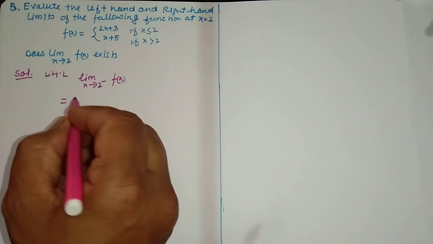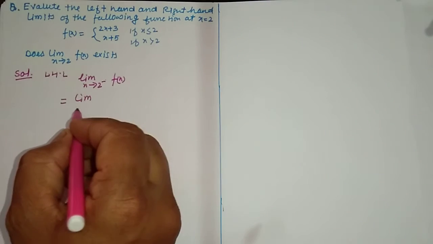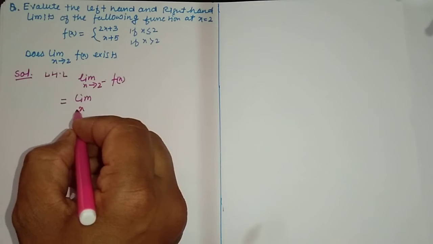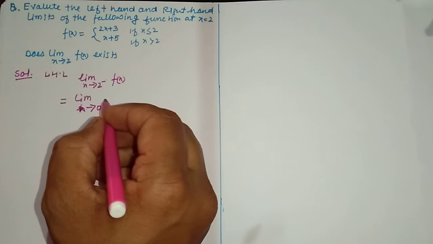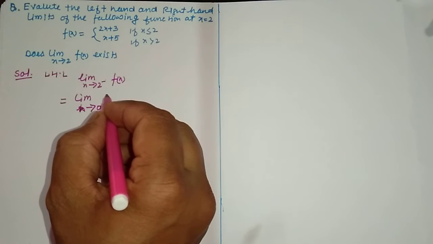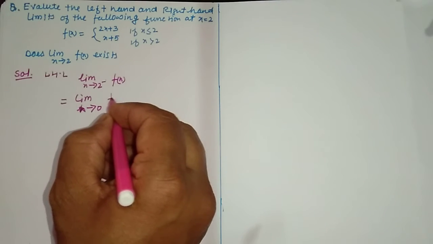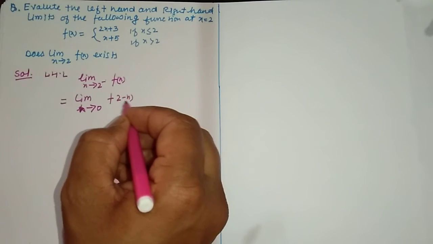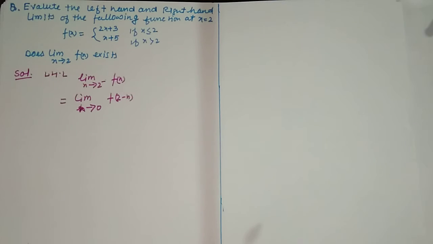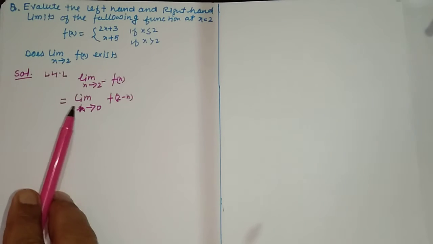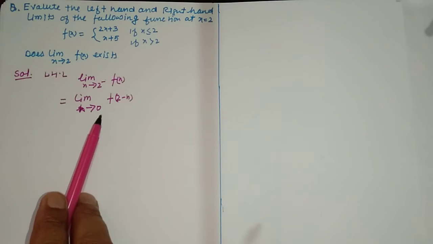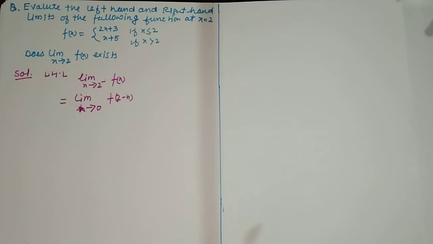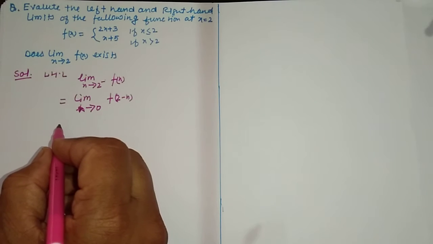And we can write it as limit h tends to 0, and in place of x we can write f(2 minus h). Clear? Limit x tends to 2 negative f(x) is limit h tends to 0 f(2 minus h). Clear? Let's move ahead.